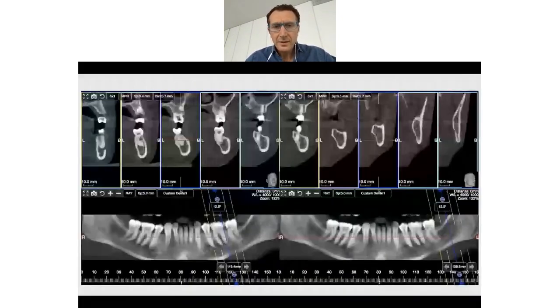Now, this area is quite easy to analyze from a three-dimensional point of view, because it's a buccal shell buccal to the alveolar crest, and then it goes back into the ramus.